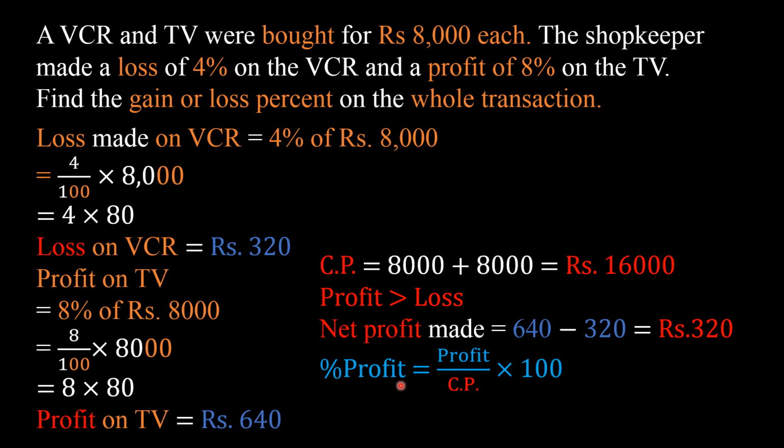Percentage profit will be profit divided by cost price multiplied by 100, which will be 320, which is this, and 16,000, which is this, multiplied by 100. Now here these three zeros will get cancelled with these three zeros. 32 divided by 16 will be 2. Hence the percentage profit made in the whole transaction will be 2%.